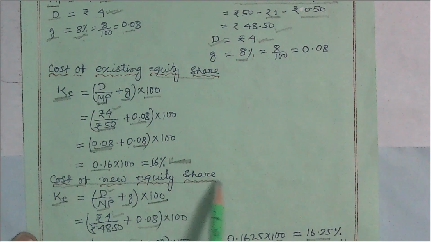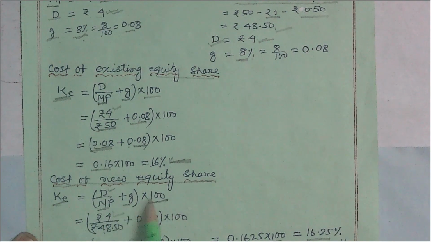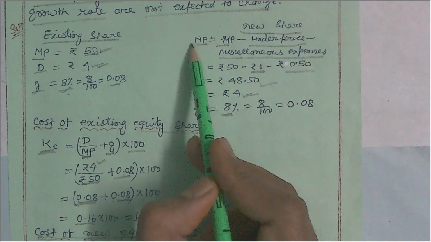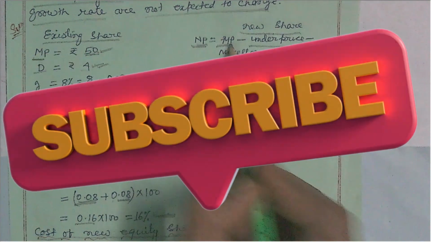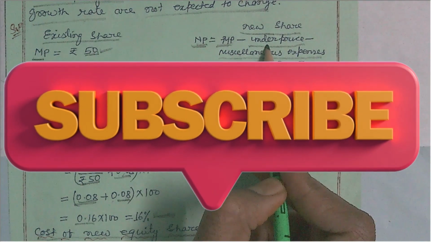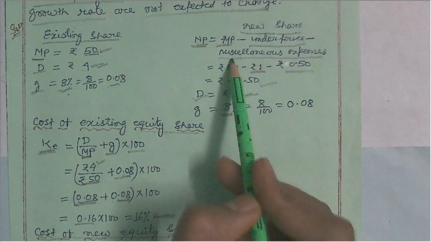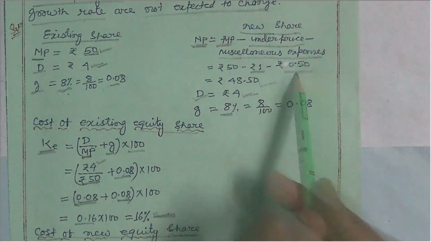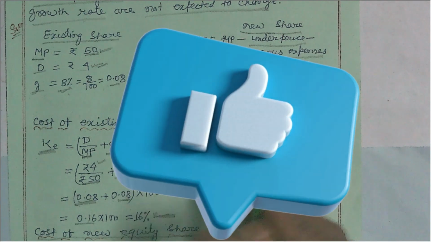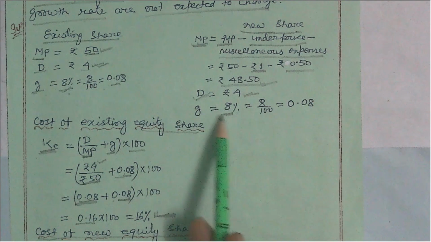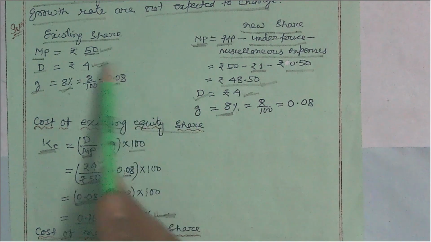The new share price is calculated here: market price is 50 minus underpricing, that is rupee 1, minus miscellaneous expenses, that is 50 paise per share. So here it is 48 rupees 50 paise, the dividend is 4, and the growth rate will remain the same in both cases, existing shares and new shares.